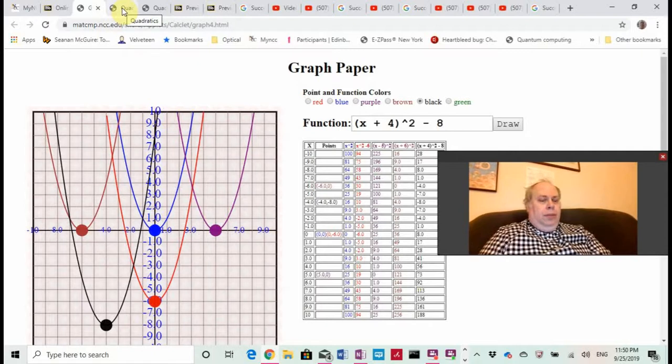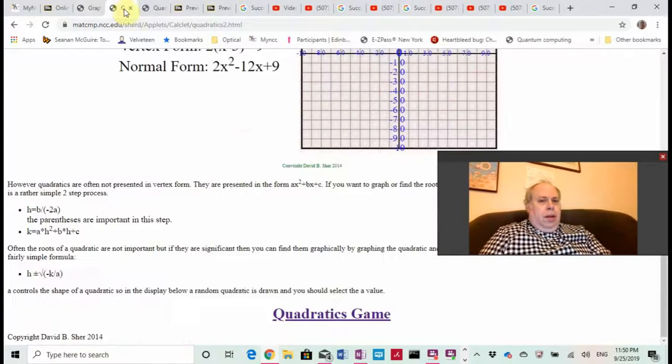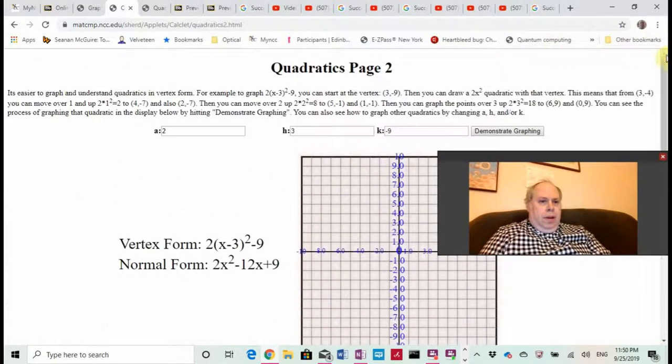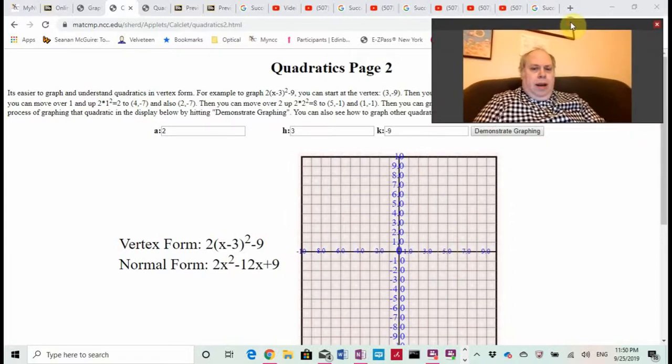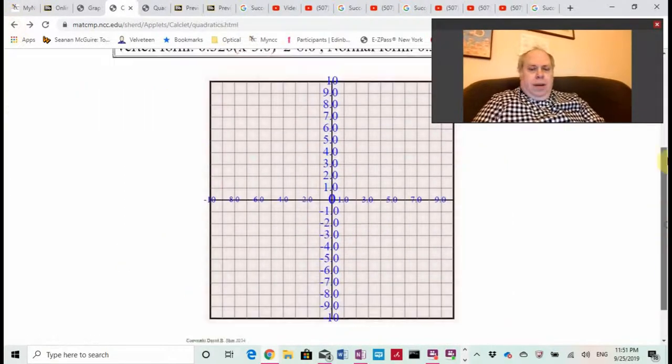Now, quadratics can also vary in shape. Let me move this guy out of the way. Here, we're going to put a vertex of 3, -4. Down here will be the vertex. Oops, wrong page. Sorry. 3, -4.